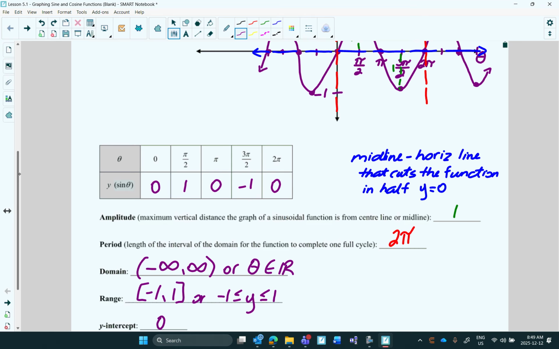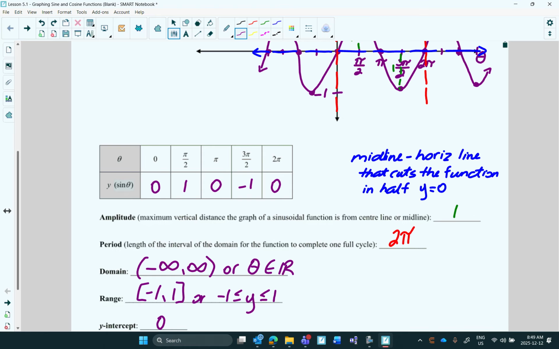The zeros, remember, zeros means x-intercepts. What are the x-intercepts? 0, pi, 2 pi, which means it's got to be 3 pi, 4 pi, 5 pi, -pi, -2 pi, -3 pi, goes forever, right? It's every pi.